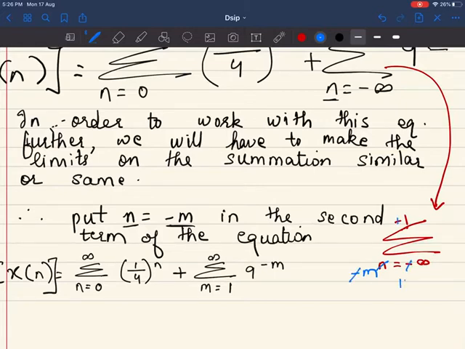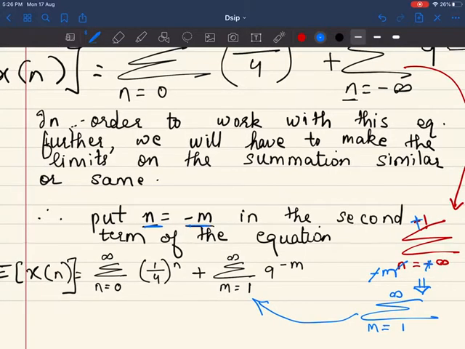So now this turns out to be the summation of m is equal to, I'll write the smaller value first, 1 to infinity, because this became plus infinity and this became plus 1 when I replaced n with minus m. So that is the term that I have written over here. Pretty simple. This is how I got these two terms: this is one term and this is another term.